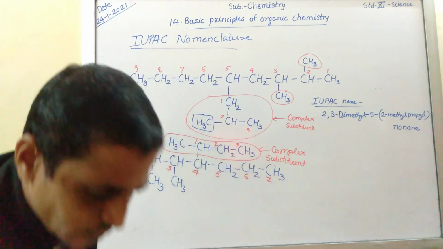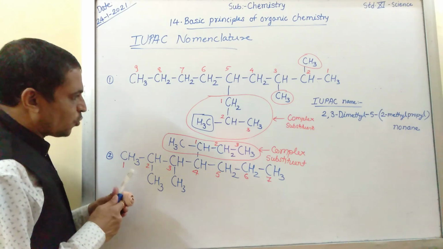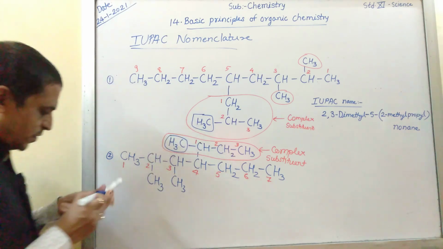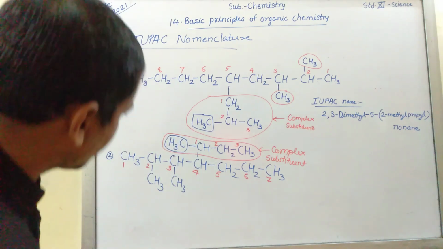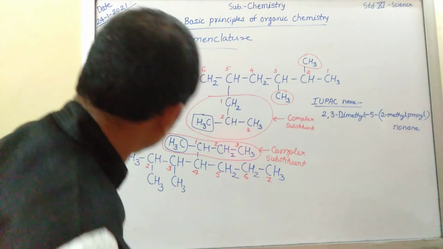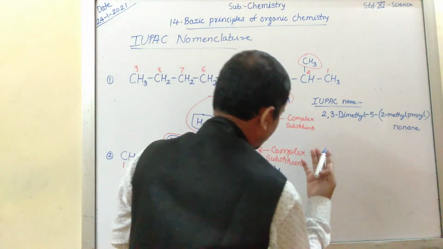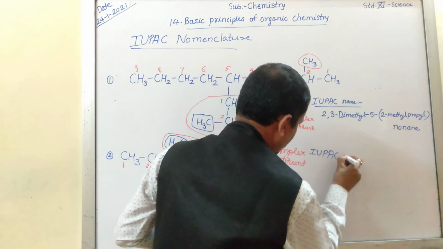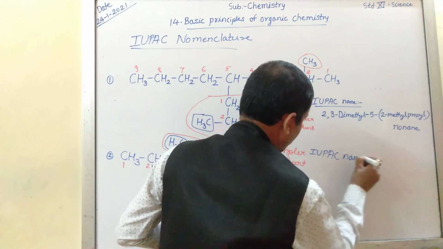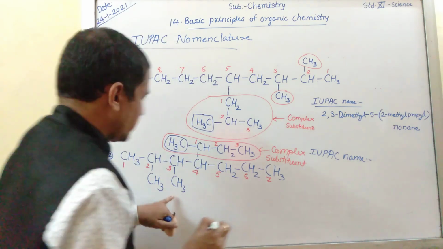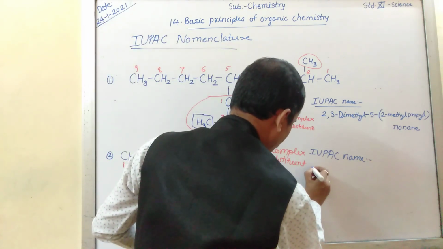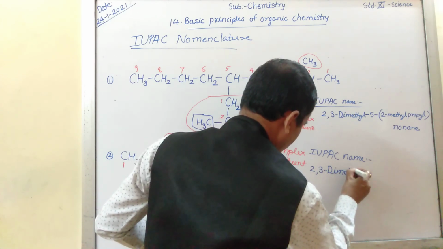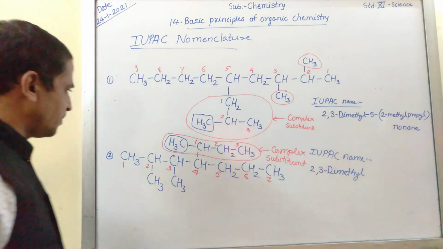And this one in the complex substituent, this is the substituent. So here the name is what? 2, 3 dimethyl.